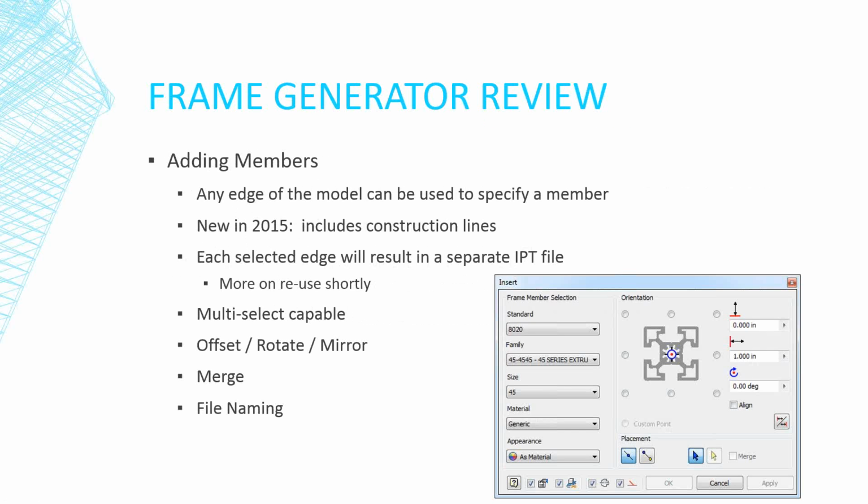You could pick the edge of the table and say the edge of the table actually defines the lower right-hand corner of the shape. And that will let you use the table to lay down the members, so you wouldn't necessarily have to have a sketch to use it. Construction lines can be used now in your sketch, in your skeleton.